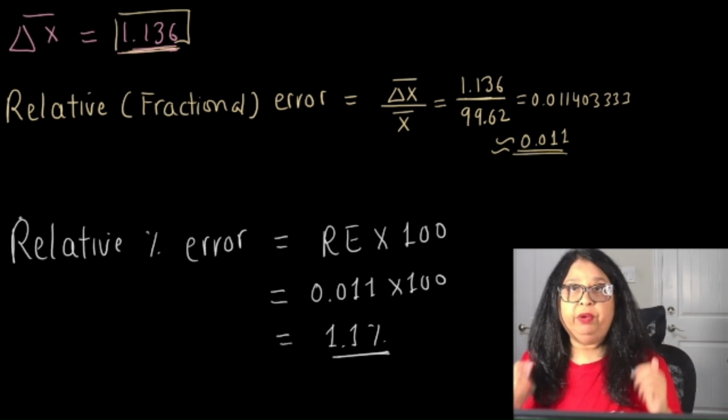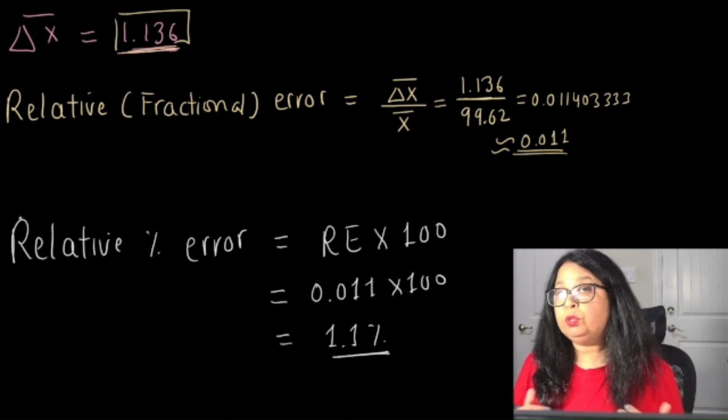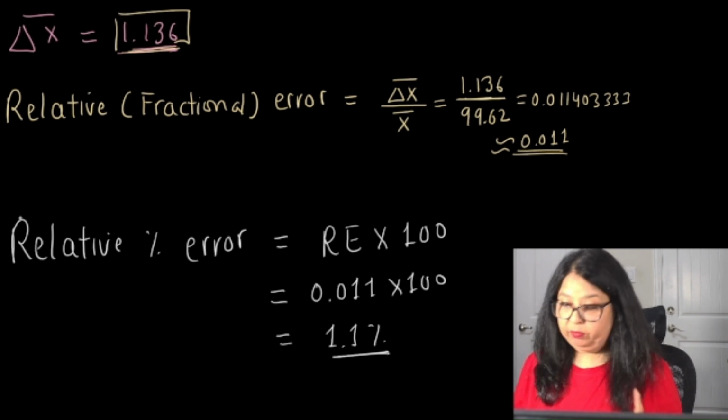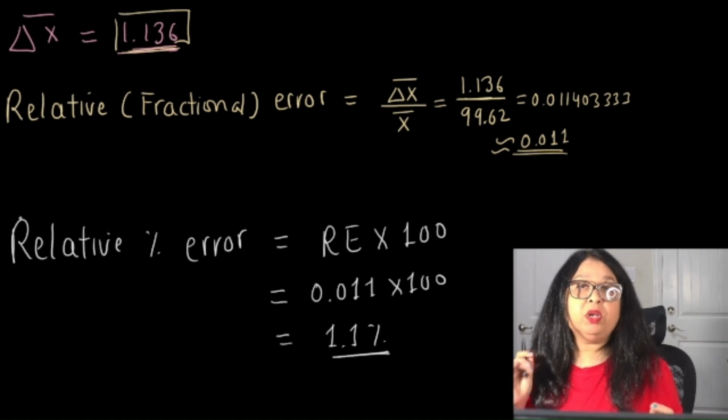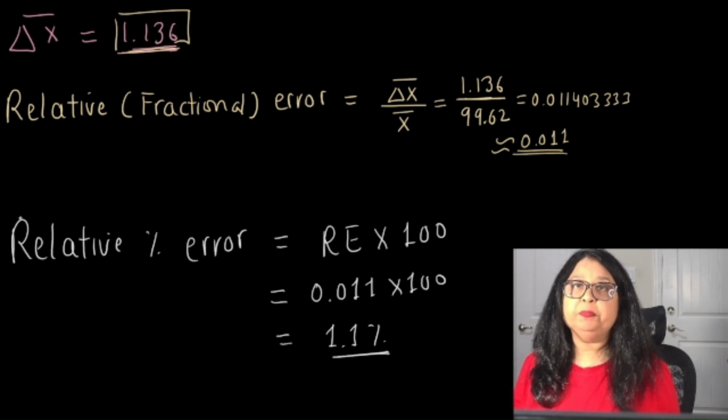Now, relative error and fractional error, what are their units or their dimensions? None. They do not have any units, therefore they are dimensionless. Here in this problem, it happens that we're not given any units for x. X is just assumed to be a dimensionless, unitless quantity.